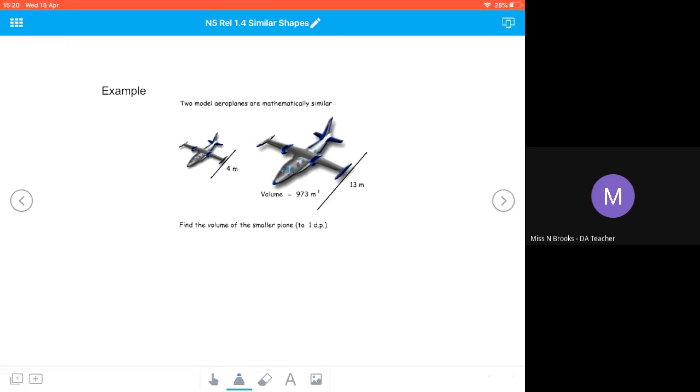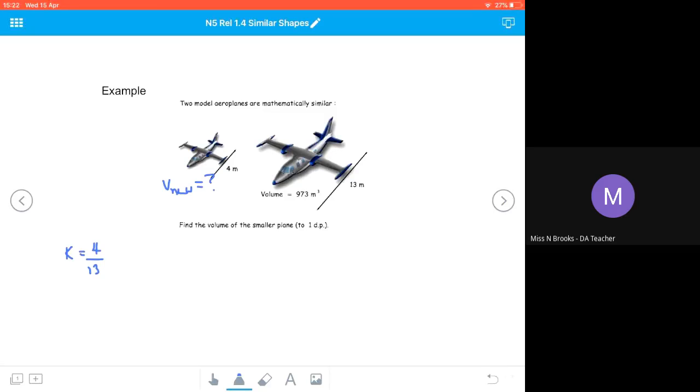So we want to work out what V new is on the smaller airplane. So remembering that our scale factor, we first need to work out our linear scale factor or our length scale factor. So for this one, K is going to be new, so we're wanting to work out the small volume, so it's going to be the small number over the big number.